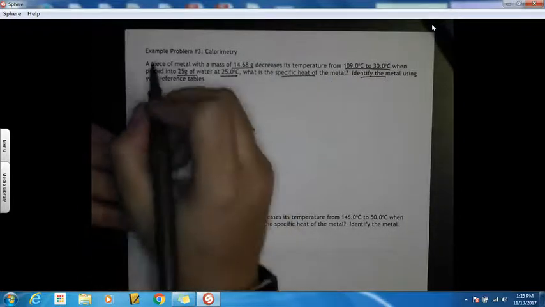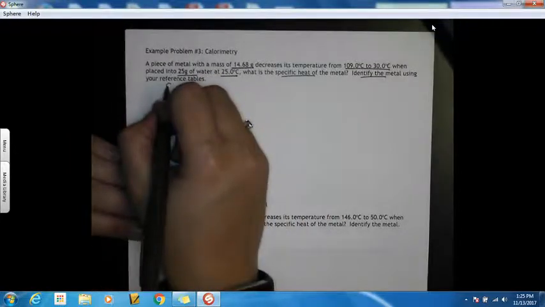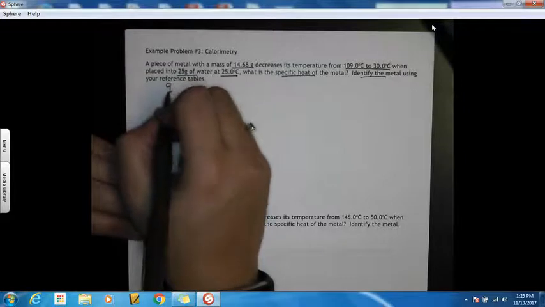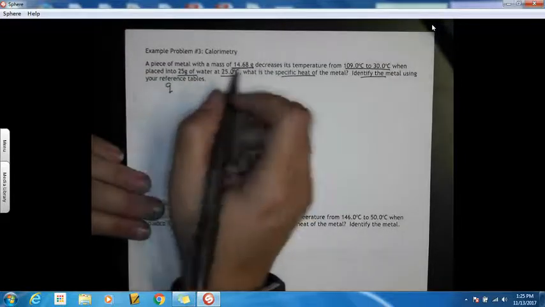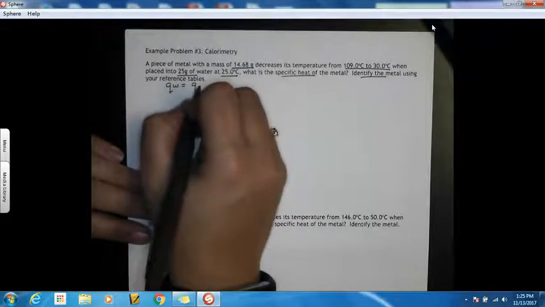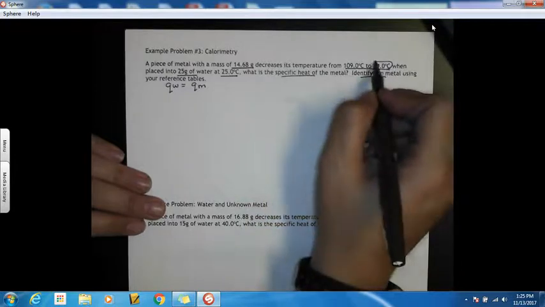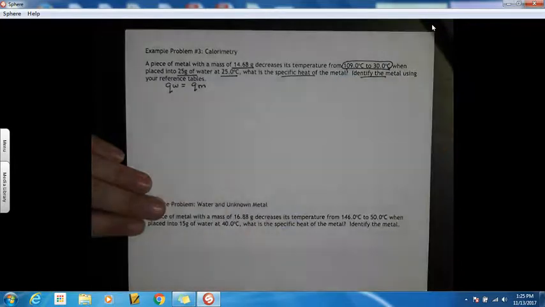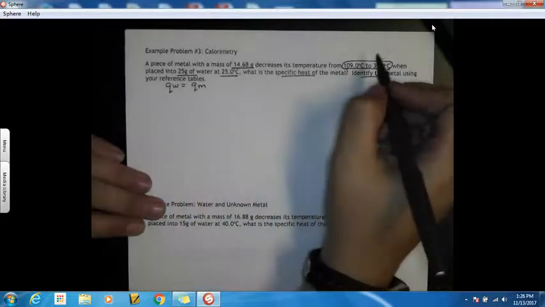So what we've learned is that the heat has to be transferred from the water to the metal. They have to be equal. And so our metal went down in temperature, so its heat is being lost.